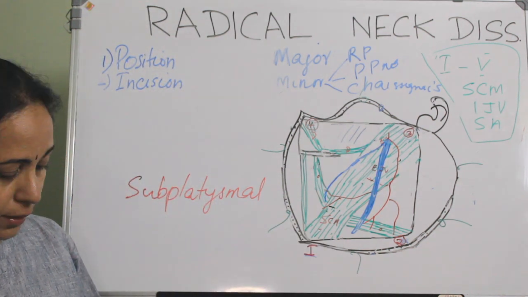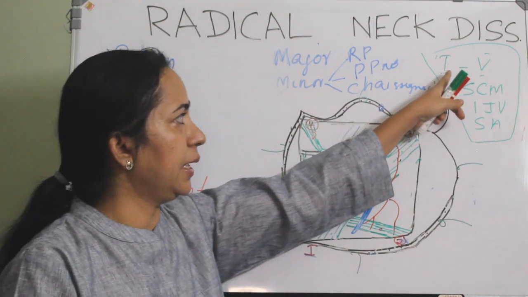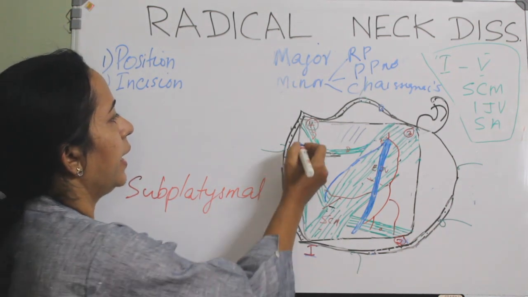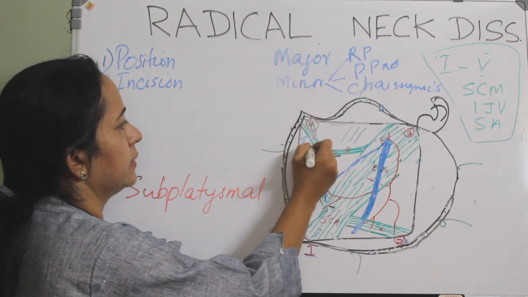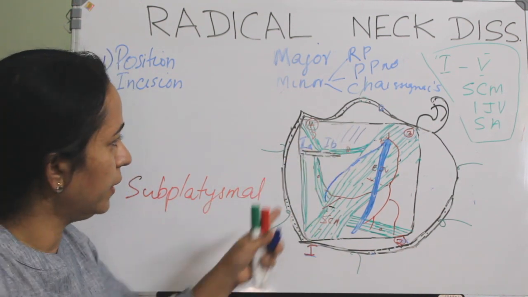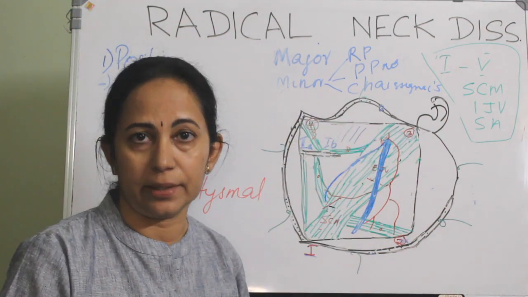So the points of the levels of lymph node in this, where are they coming? The 1A is coming here, that is the submental, 1B is submandibular, and 2, 3 and 4 are along the jugular chain, isn't it?